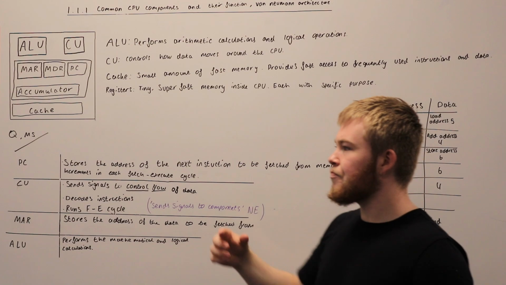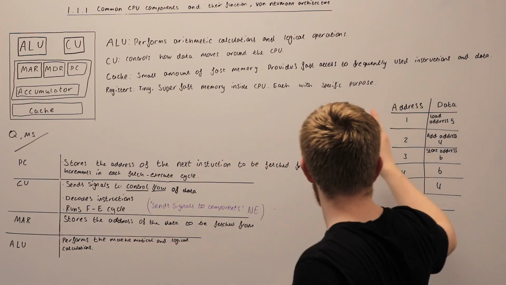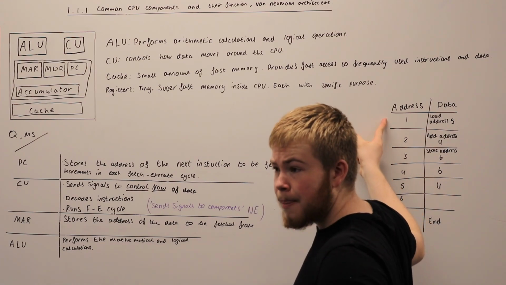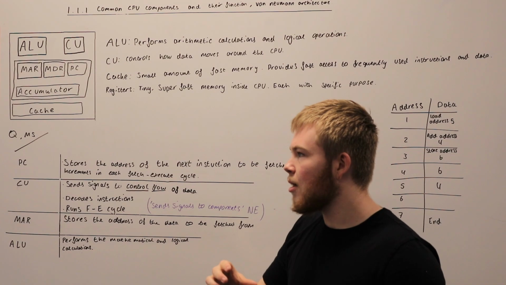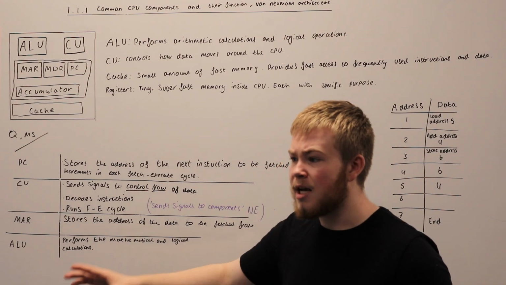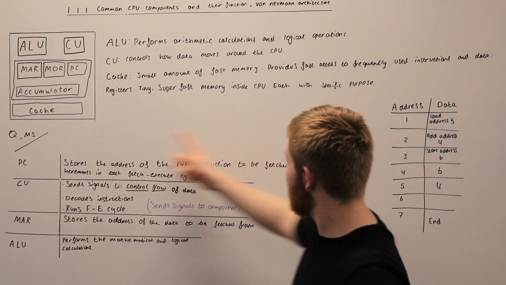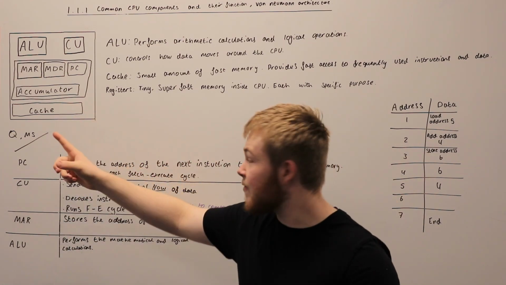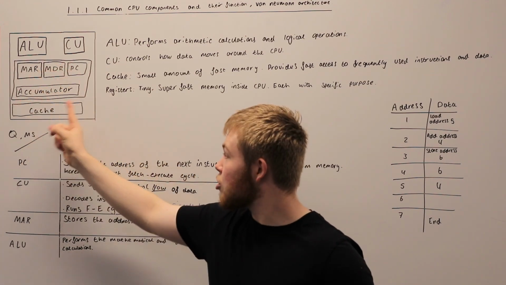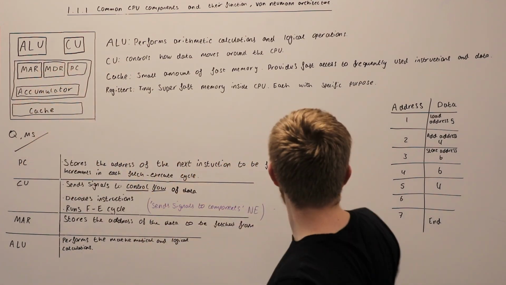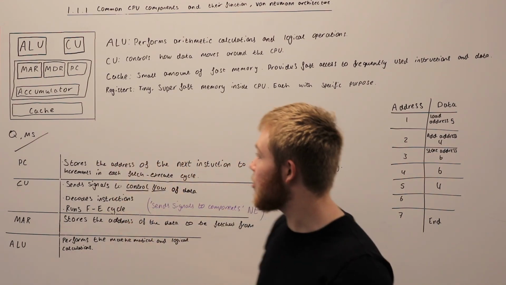Because the instructions and data in main memory that have just been fetched are more likely to be used again than, say, a piece of data in memory from some random application I'm running. So it makes sense to copy it and keep a buffer in the cache, so that if it needs to access it again, it's much faster. It can just go to the cache, which is way faster than going to the RAM or the main memory, because the cache is located inside or very close to the CPU.